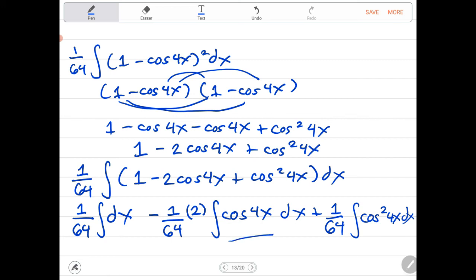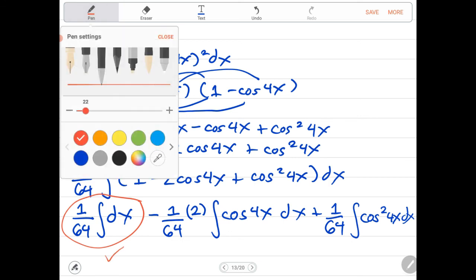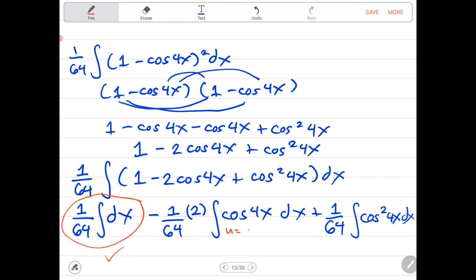Okay? So, this one, this is integrable, right? Using the u-du. The first term, this is integrable, right? Check. This is also integrable using u-du. U is 4x, du is 4 dx. Okay? And f is 1/4. Okay?